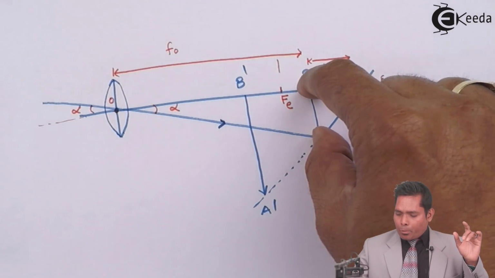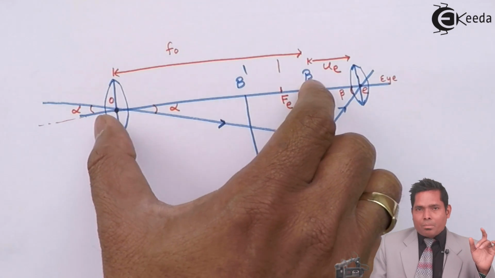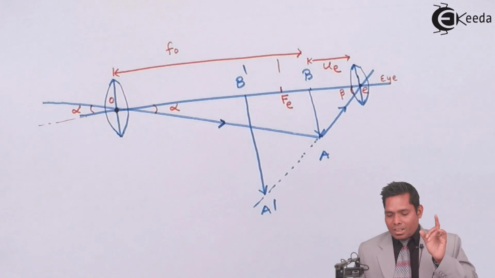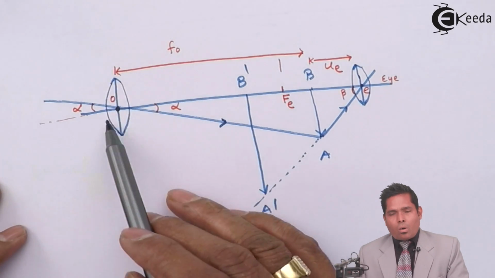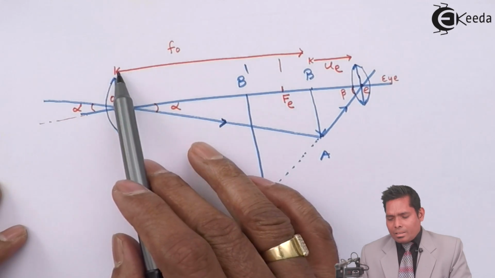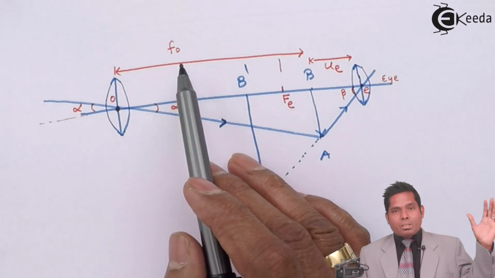So this position of the image and the distance of this position of the image from the objective lens is called the image distance of this objective lens, and this is obviously formed at focus because the object was at infinity.